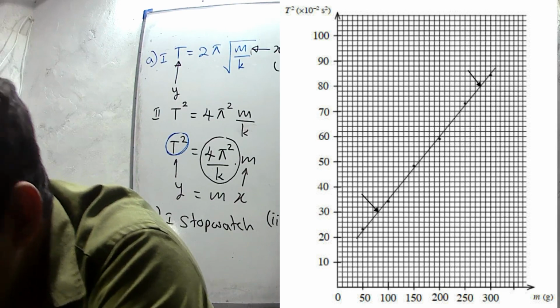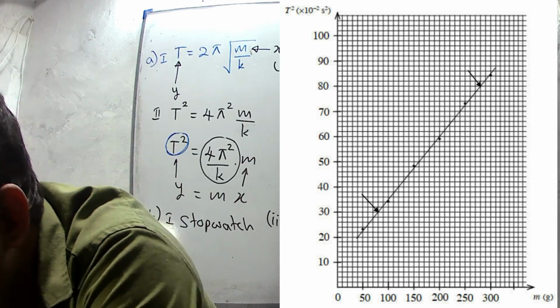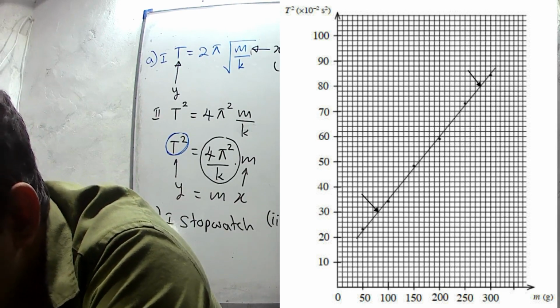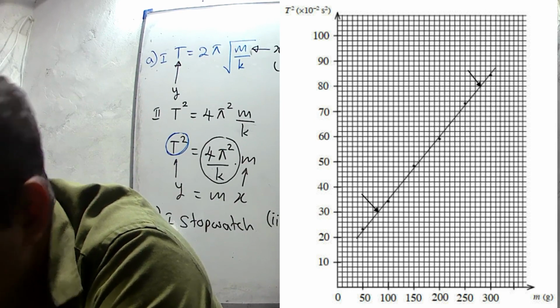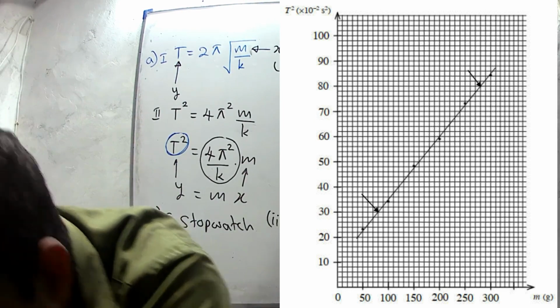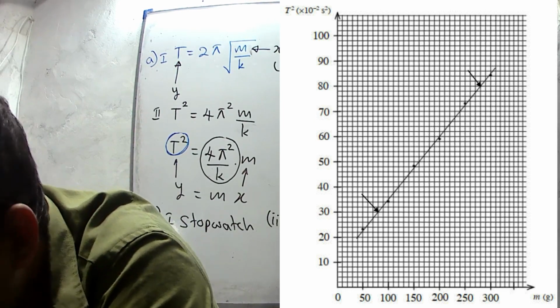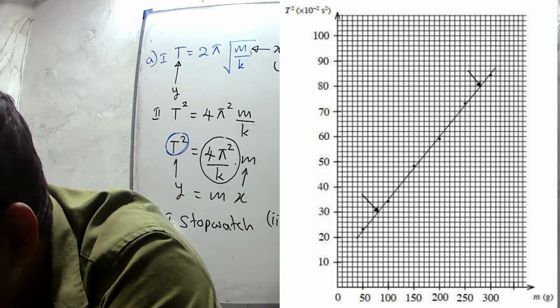But when considering the y value, we have to consider that the y-axis is marked as T squared multiplied by 10 to the power 2. Then we have to write the y value multiplied by 10 to the power minus 2.